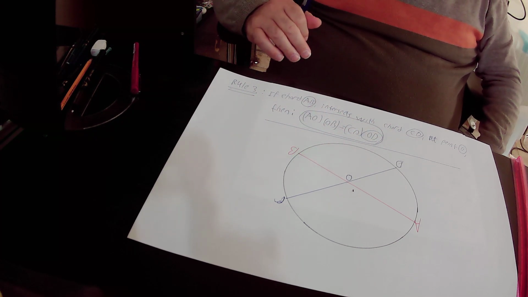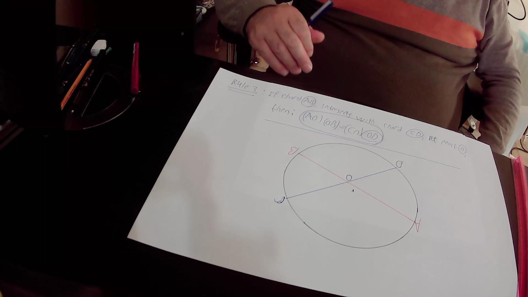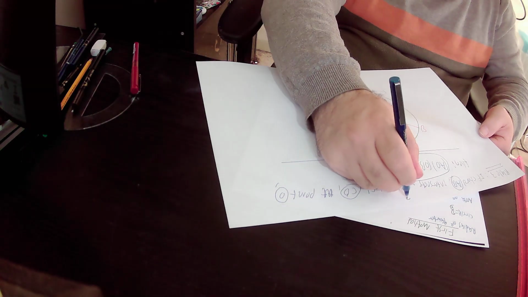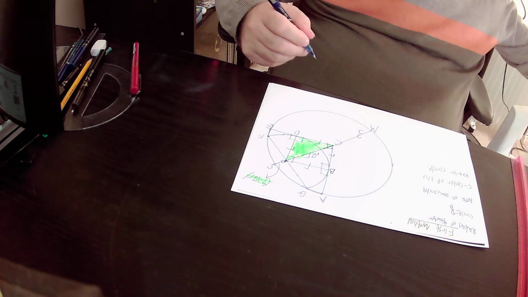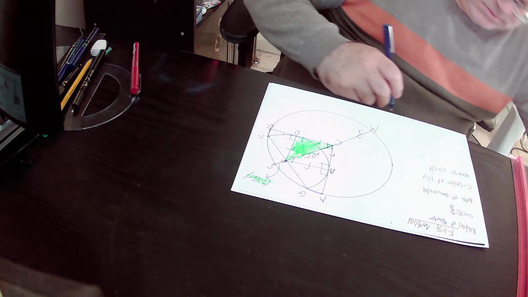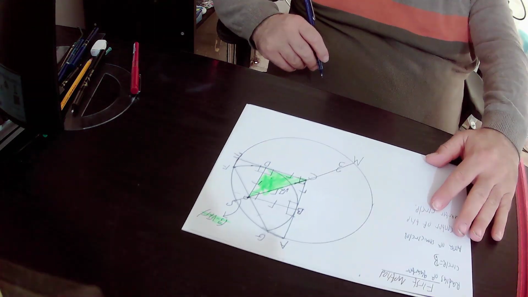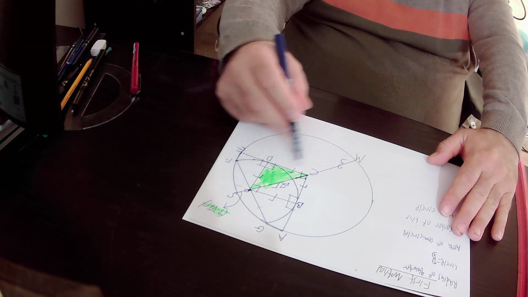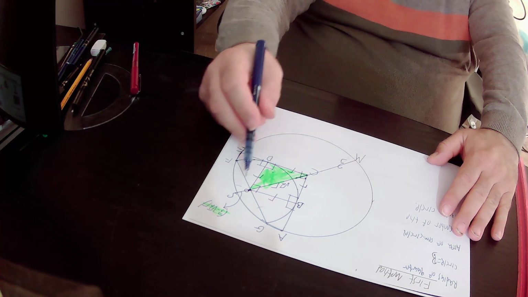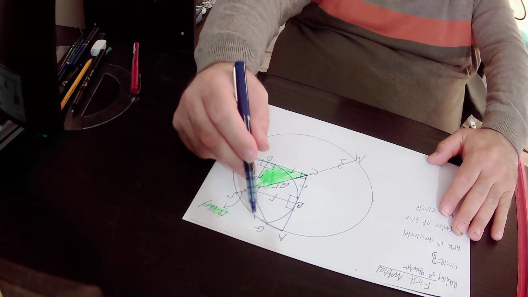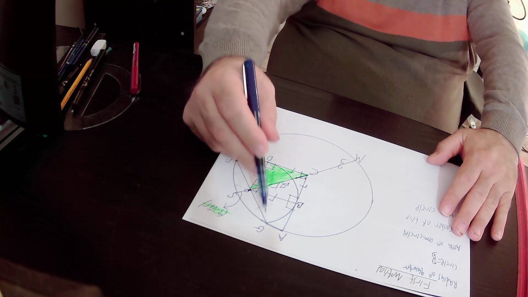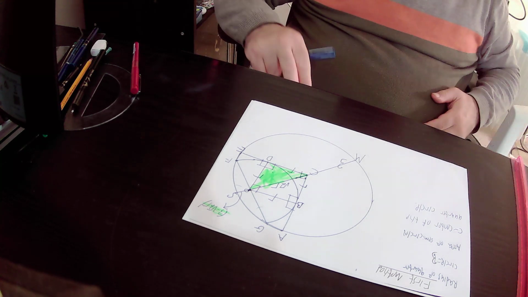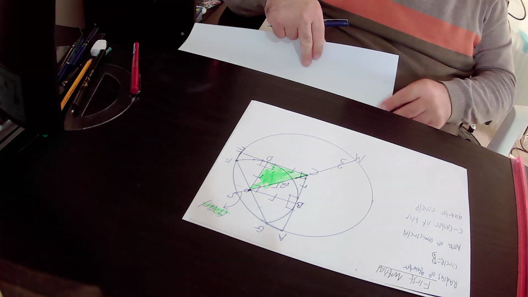So we can implement rule number 3 in our drawing. Why? Because in our drawing, we have chord SM that intersects with chord GF at point O. Okay, so I'll write it down.